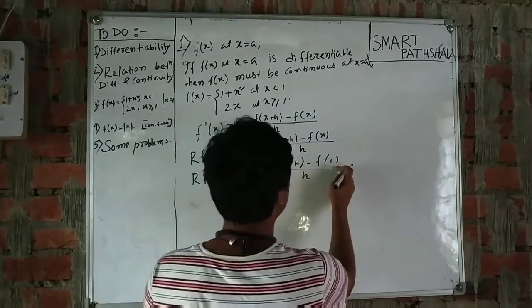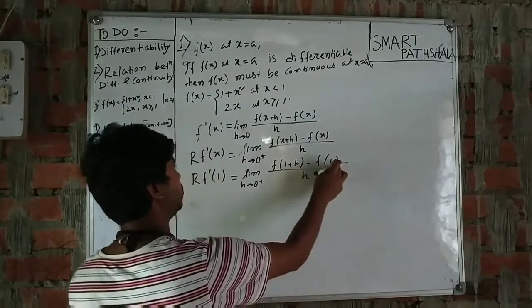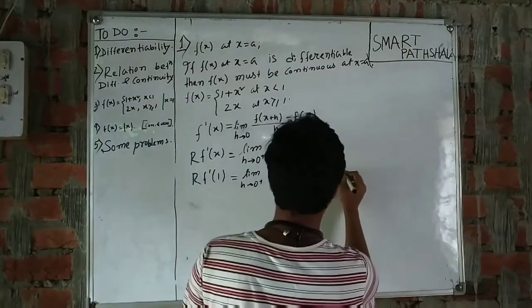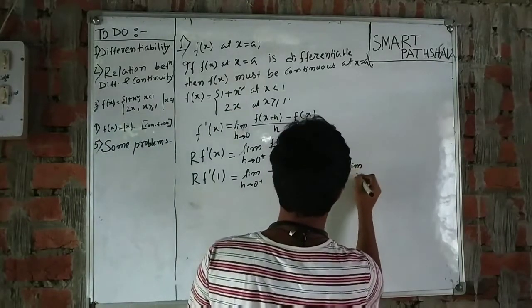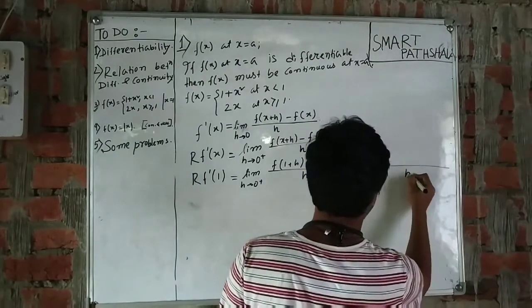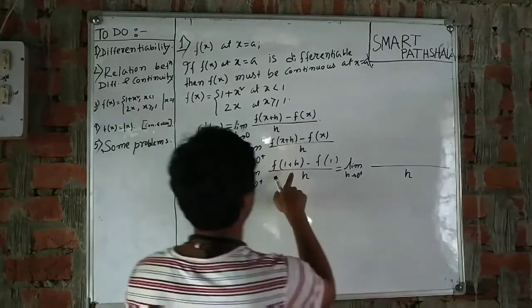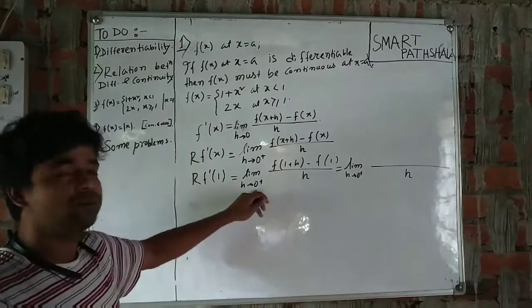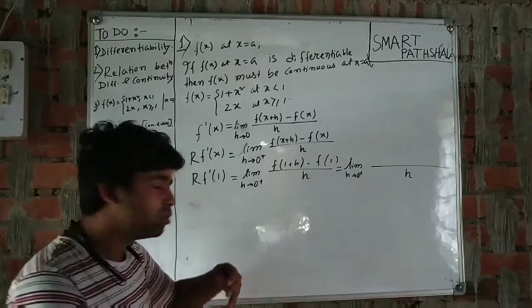Now look at the function: when x is equal to 1, the value is 2x. Similarly, limit h tends to 0 plus. Now 1 plus h is tending to 1 from the rightward direction, so h must be greater than 0.